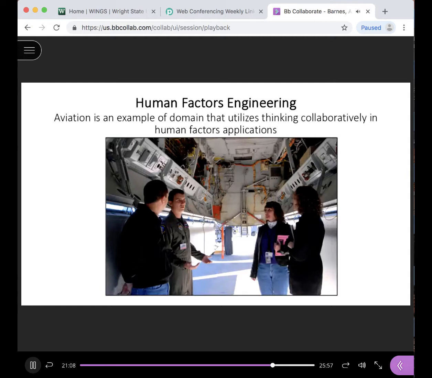Whether you're helping the people who actually fly the plane, design the cockpit, or maintain the plane, because that is a very, very important job, obviously. Aviation was one of the first fields to realize the need to bring in professionals, as well as the people that actually are doing the work, to optimize performance and improve efficiency as well.